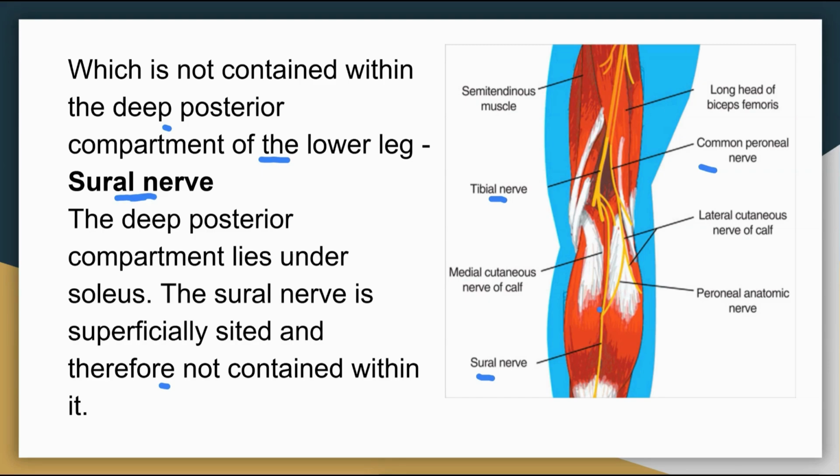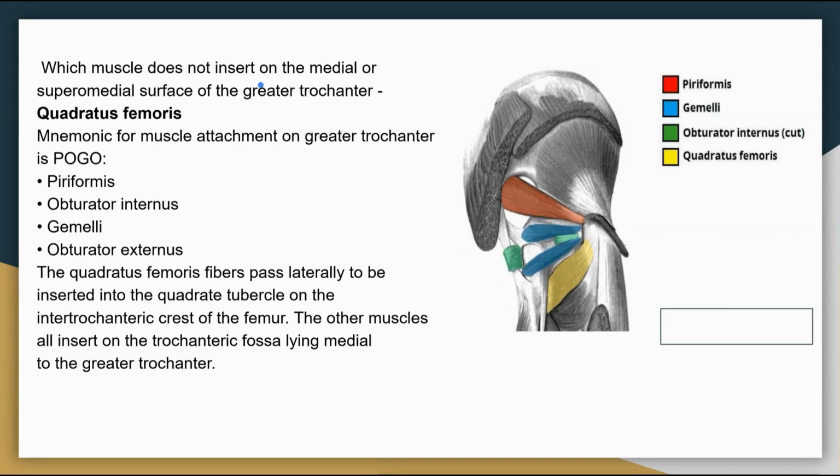So which muscle does not insert on the medial or the superior medial aspect of the greater trochanter? It is going to be the quadratus femoris muscle. The muscles which are attached on the greater trochanter are given by these colors. We have the piriformis, the superior and inferior gemelli, the obturator internus.